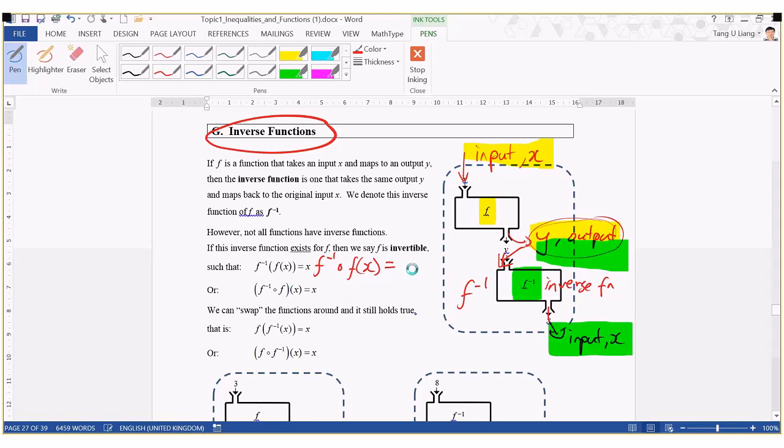Another way of writing is that f takes x, and f inverse takes on f(x). So what does f inverse do to f(x)? It produces x. So that is what an inverse function is supposed to do.